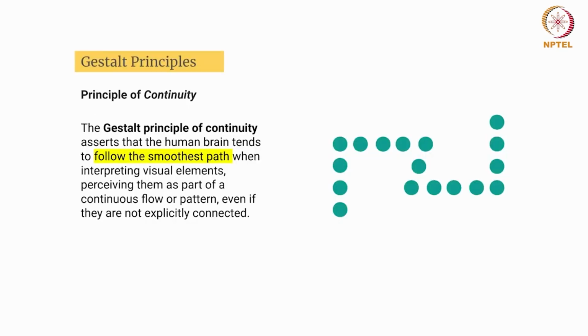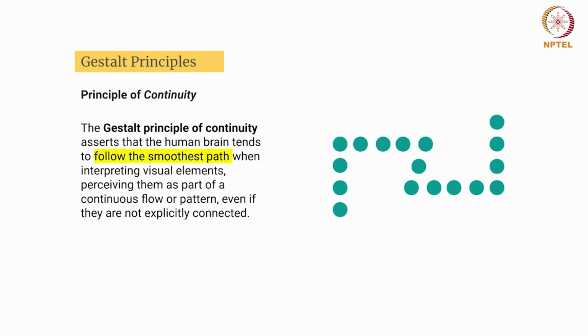Gestalt's principle of continuity asserts that the human brain tends to follow the smoothest path when interpreting visual elements, and perceives them as part of a continuous flow or pattern, even if they are not explicitly connected.